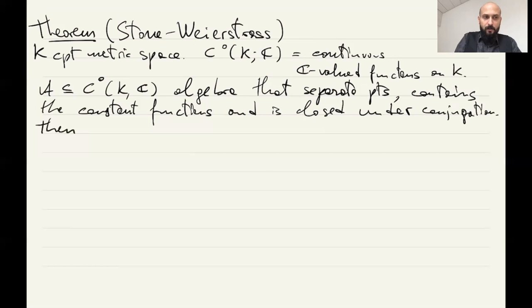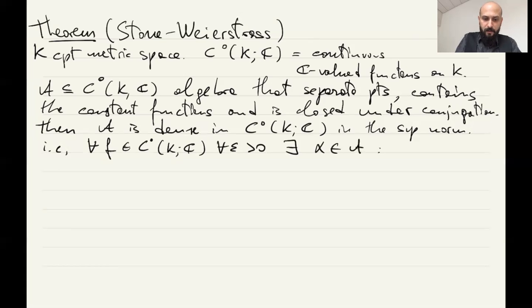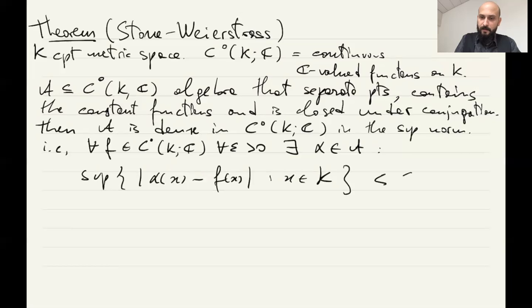Then the conclusion is that A is dense in the space of continuous functions in the sup norm, i.e. for all f continuous functions on K, and for any epsilon, there exists alpha in A such that the sup, when x varies on all of K, of the distance between alpha of x and f of x is less than epsilon.